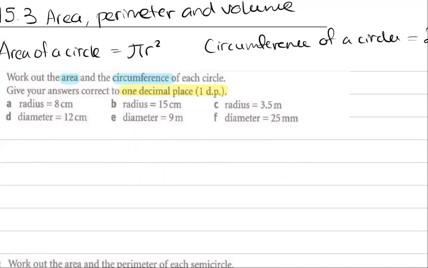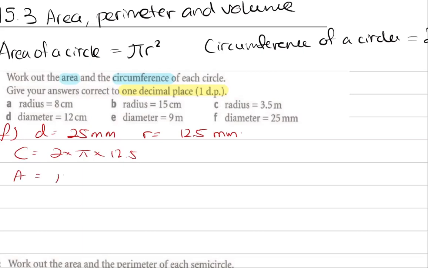Then F. Diameter is 25 millimeters. Radius will be 12.5 millimeters. Circumference 2 pi 12.5. Area pi times 12.5 squared. If you want to use pi times diameter for circumference, it's possible. Just have to be a little bit more cautious.